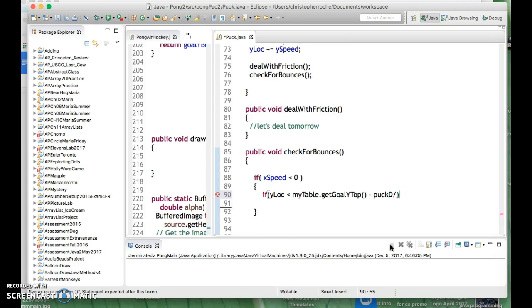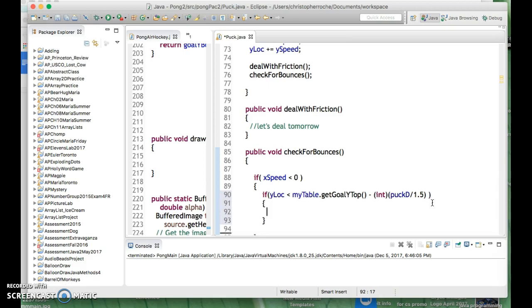Okay, maybe even less, divided by like say 1.5. I want to make an integer out of this whole thing. Alright, if that's true, then we want to bounce the puck right up early at the thing.